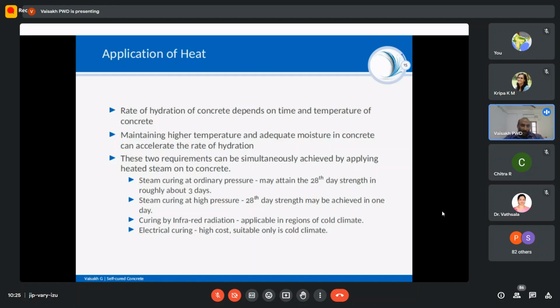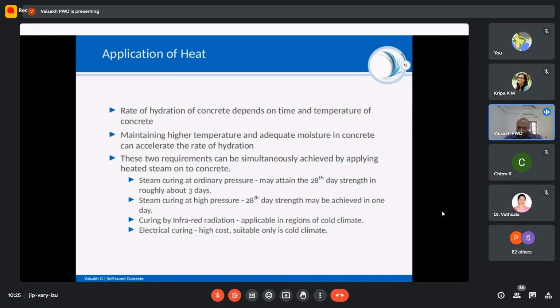Then application of heat. The rate of hydration depends on the temperature of concrete. So we have to maintain the temperature and adequate moisture in the concrete to accelerate the rate of hydration. This can be achieved by applying heated steam to concrete.